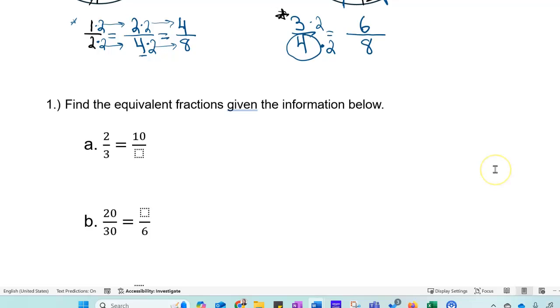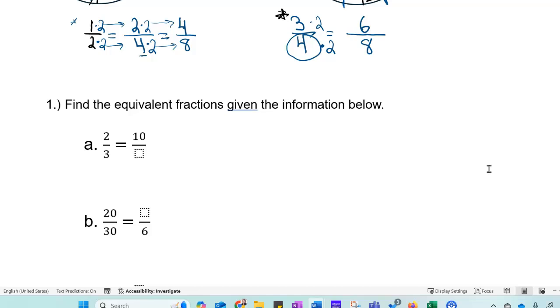Okay, so now, instead of looking at a pie, we're just going to look at the fractions and ask the question: what do I multiply, in this case, the numerator by to get the new numerator? And we want multiplication because we cannot change the value.